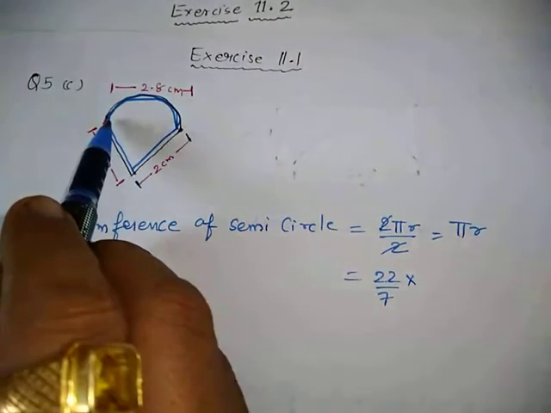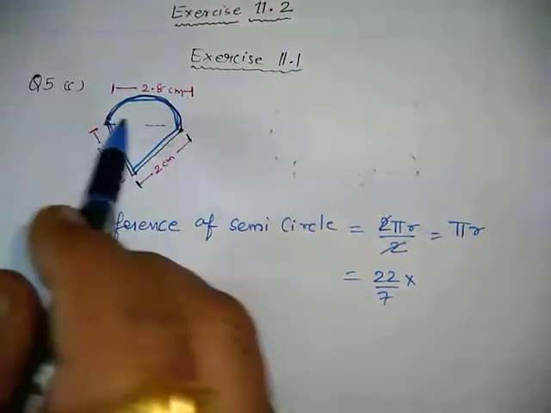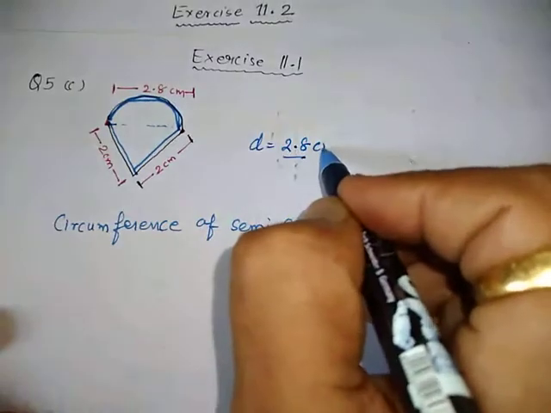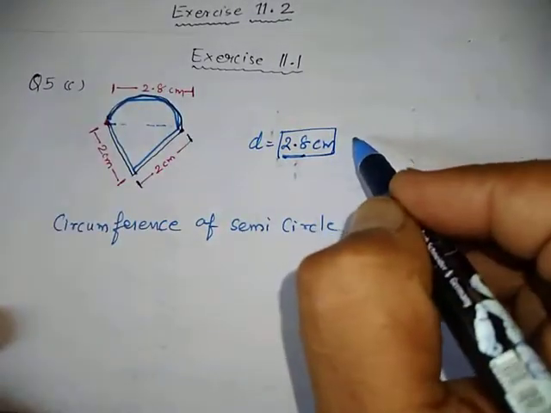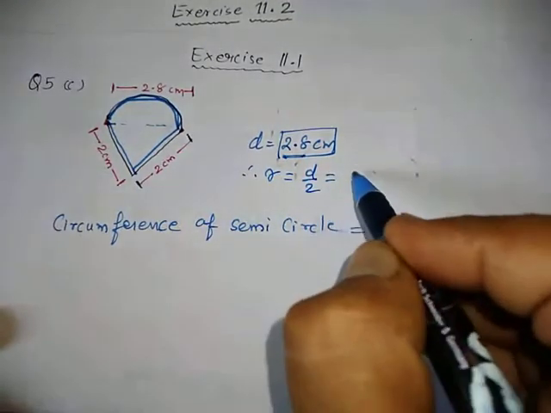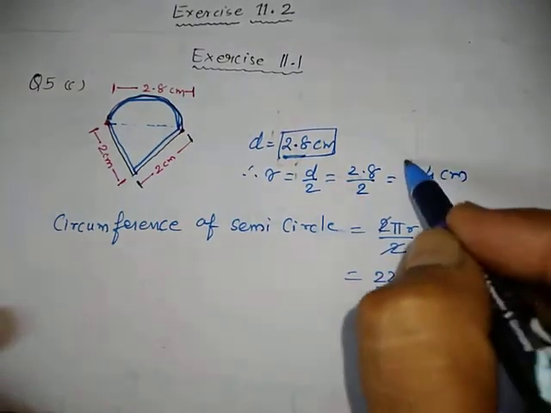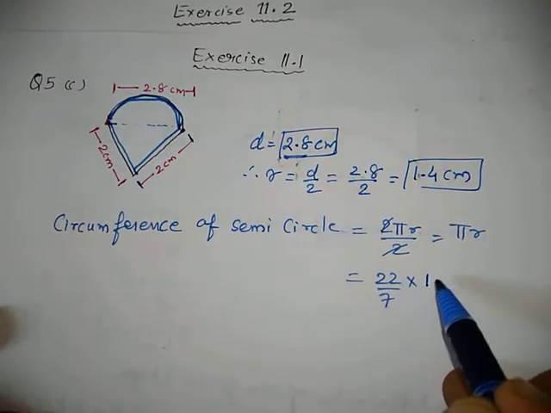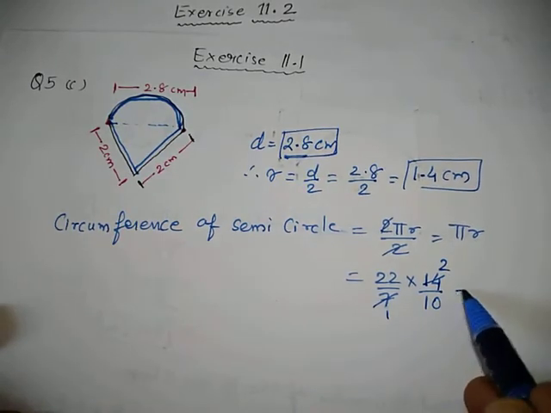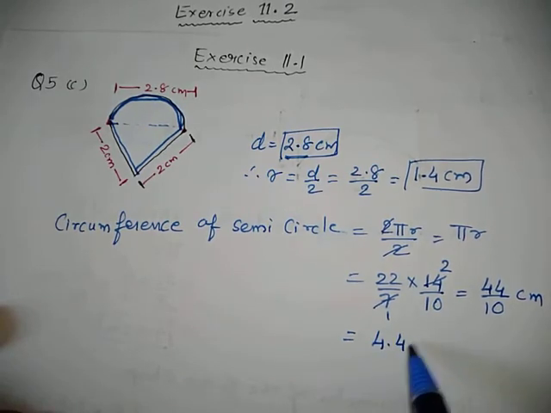We know this part will be considered as the radius. This distance is given, so d is equal to 2.8 centimeter. So radius is d divided by 2, that means 2.8 divided by 2, that is 1.4 centimeter. So we will write the radius 1.4 as 14/10. So we are going to get 44/10 centimeter, that will be 4.4 centimeter.